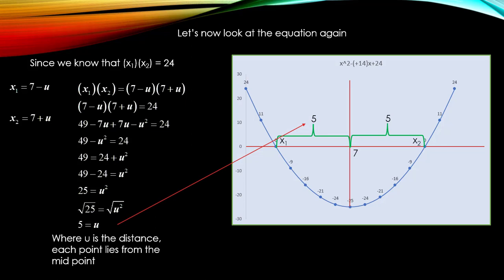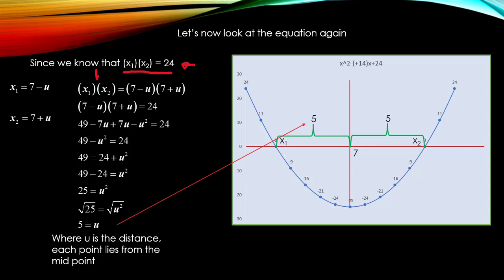From the second slide in this presentation, we know that x1 times x2 equals 24. But now we have other expressions for x1 and x2, and we'll put them into this equation.